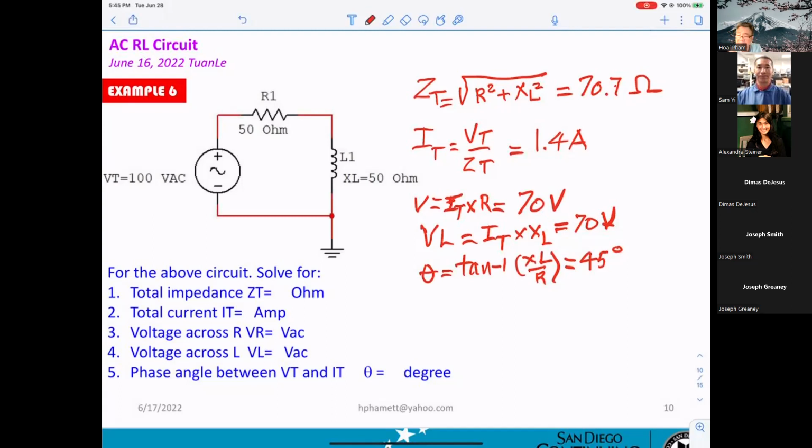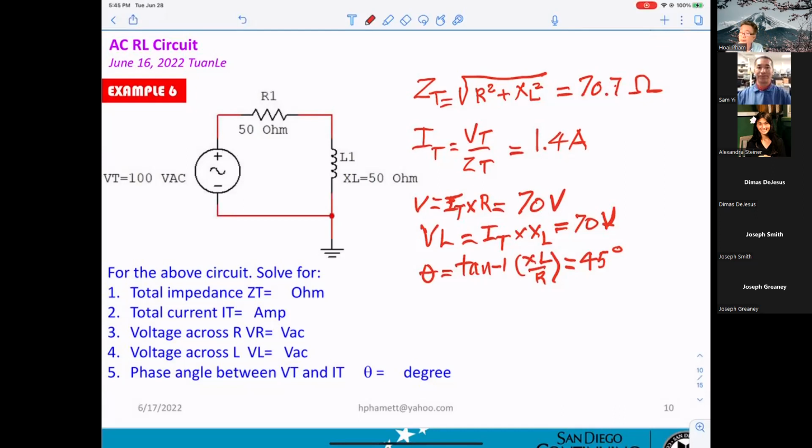So that's why, in order to do it, normally you have to use your calculator. First thing you press: XL is 50, divided by R, 50, you get 1. In order to get an angle, press tan⁻¹.